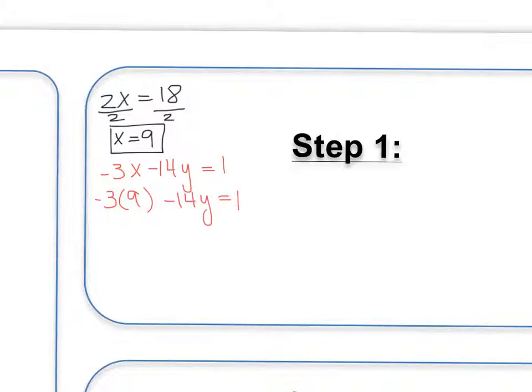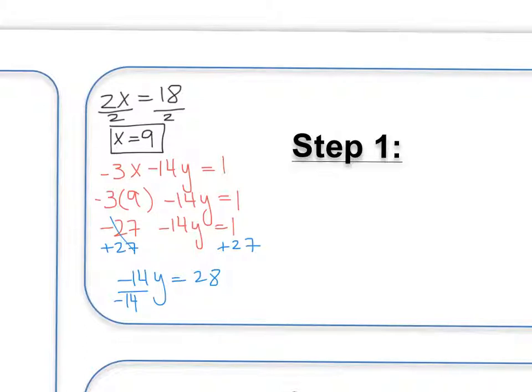So negative 3 times 9 is a negative 27. Minus 14y equals 1. To solve for y, I need to add 27 to both sides. So in this case, negative 14y is equal to 28. Now I can divide both sides by negative 14, and I will get y to be equal to negative 2. I just found two variables.